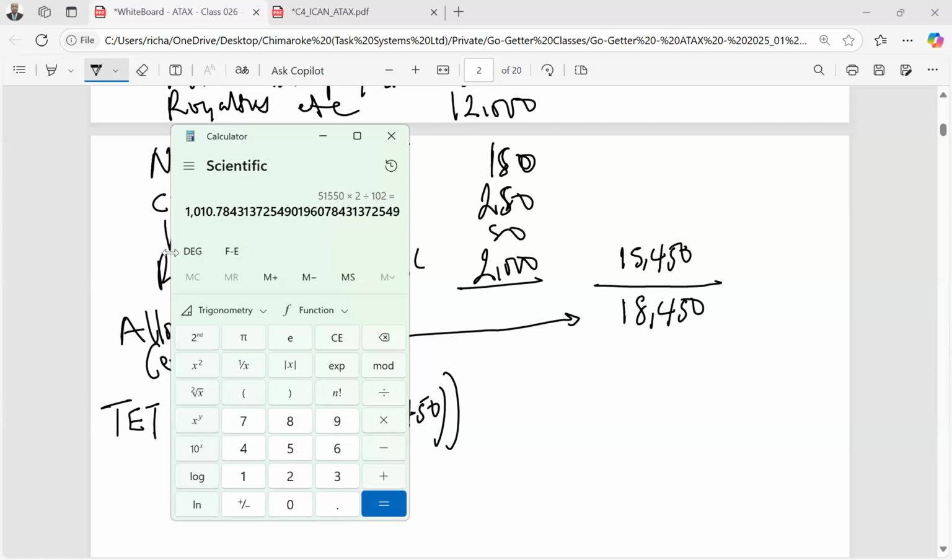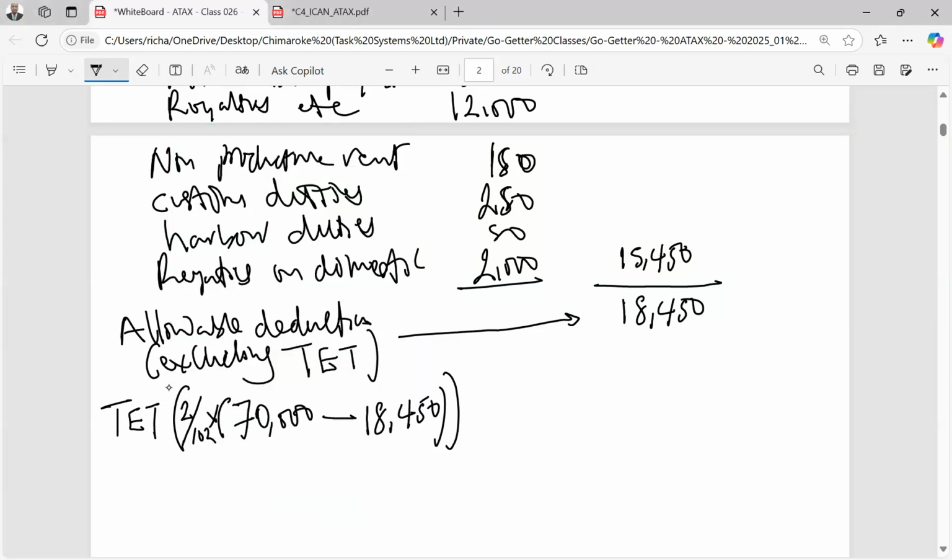So that will give you 1011. We approximated it to the nearest whole number. Your TET is 1011. So we'll write it here.